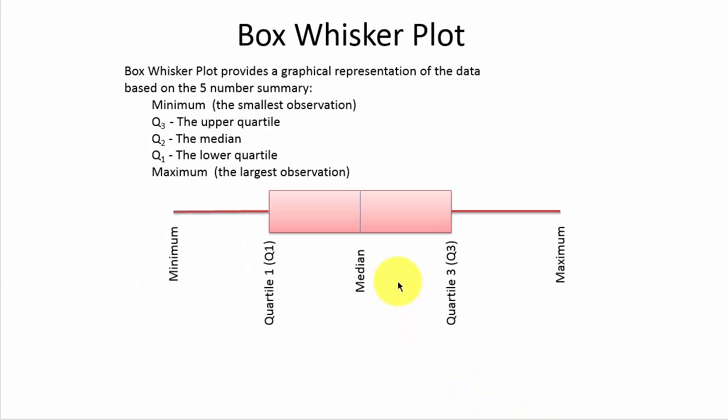So if you look at the box-whisker plot, you will see first the box, and the top of the box is the 75th percentile, or Q3. The bottom of the box is Q1, and we usually draw a line in the middle to illustrate the median, and if there are no outliers, the maximum point is shown with an extension of a line, and the minimum point is shown with the extension of another line.